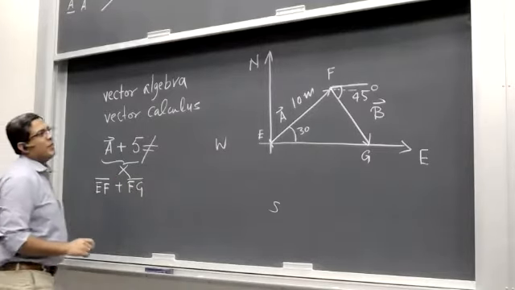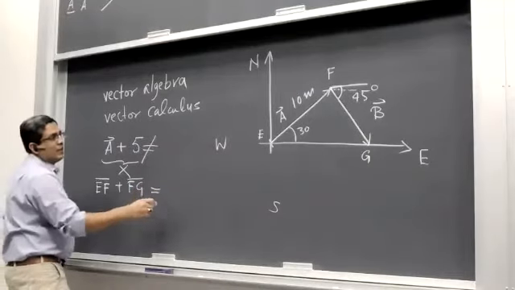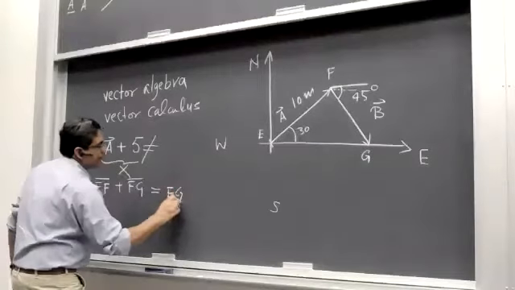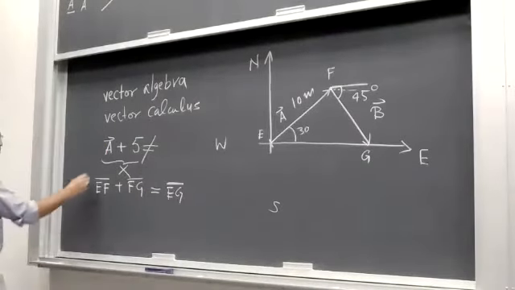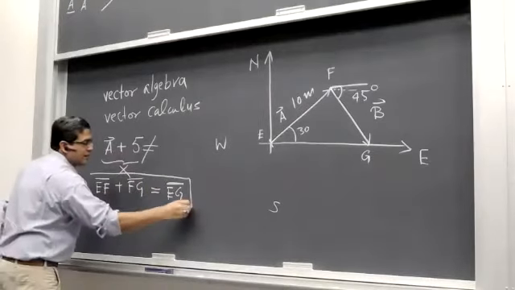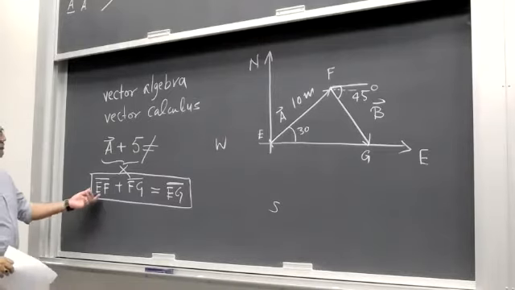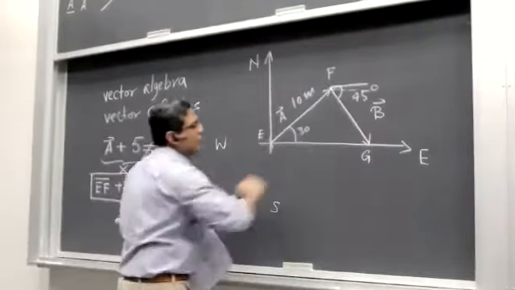And that would give me the distance from E to G, right? So this is the distance that the person travels when that person gets from E to G.